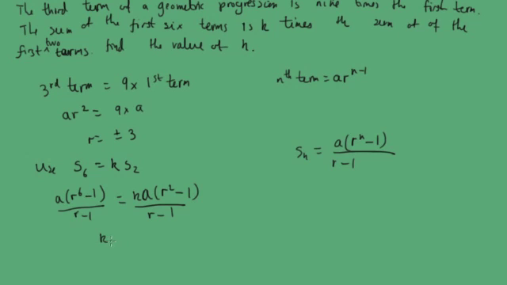So k must equal r to the 6 minus 1 over r squared minus 1, by rearranging that. I'm just going to make that r to the power 6 a bit clearer. Now, when r equals 3, k must equal 91.